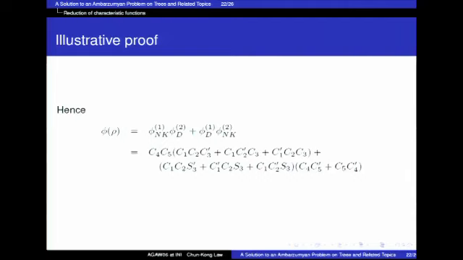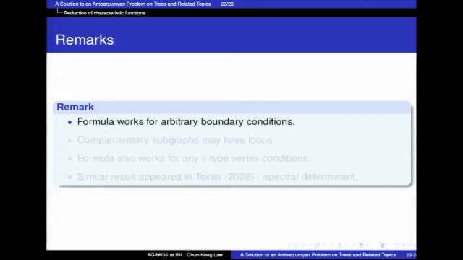So in general, the proof is like this. It's the same, and so I come to my conclusion. The formula works for arbitrary boundary conditions. When we have different boundary conditions, it might not be as simple. Just like this C1, there might be an S1 here, and so on.